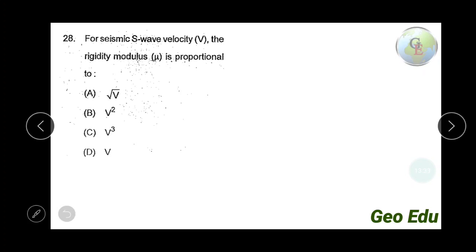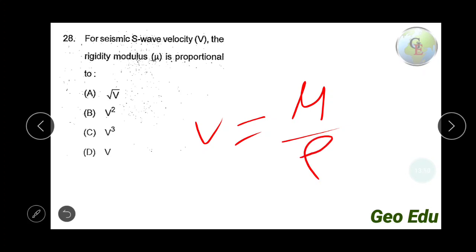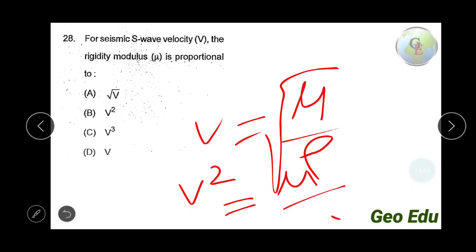Here, as we know, the formula of S wave velocity is equal to root over of rigidity modulus mu by density rho. So v square is equal to mu by rho, so mu is directly proportional to v square. So the answer will be v square, option B is the correct answer.